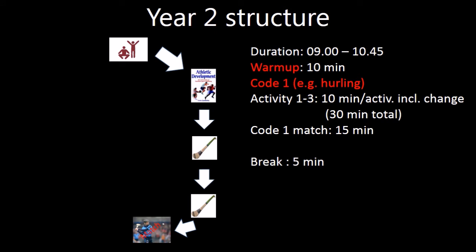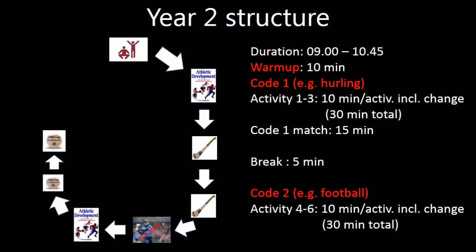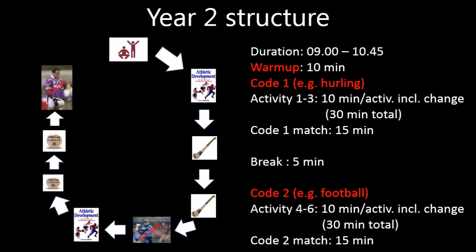This will then be followed by a match for the code that goes first, followed by a 5-minute break. Following the break, the second code will commence, for example football. Once again, we'll have 3 football-specific activities, each of 10 minutes in duration, including time for changeover, followed by a short football match. That will then conclude the session.